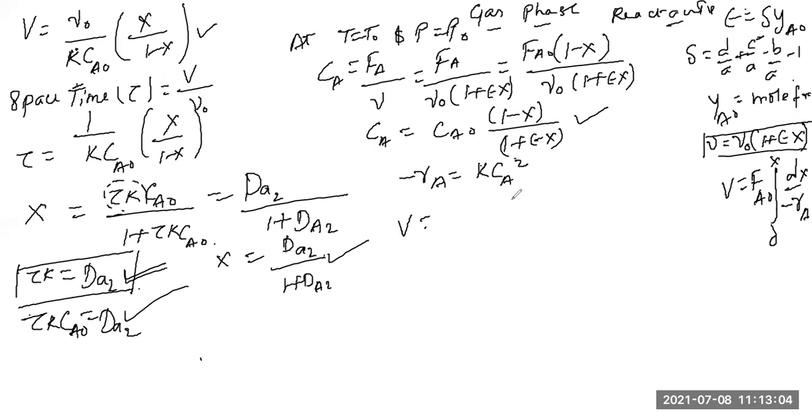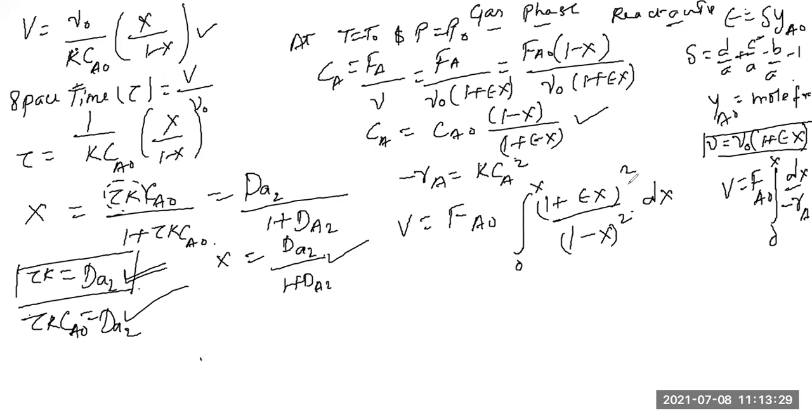V is equal to FA0, this is constant, it will come out of the integral, from 0 to X, (1 plus epsilon X) whole square upon (1 minus X) whole square dX.